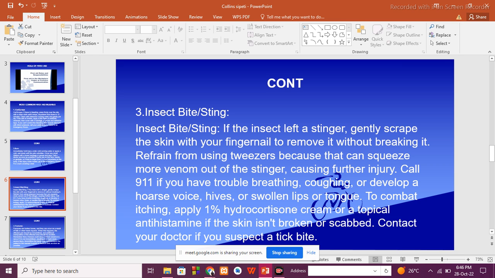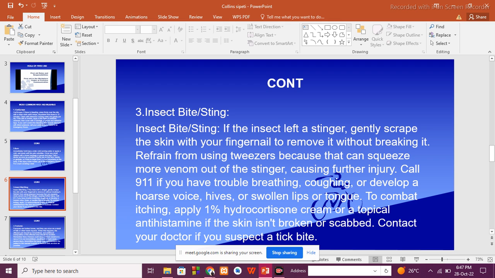Number 3, insect bite. In case you are bitten by an insect, if the insect has left a stinger, gently scrape the skin with your fingernail to remove it without breaking it. Refrain from using tweezers because that can squeeze more venom out of the stinger, causing further injuries.